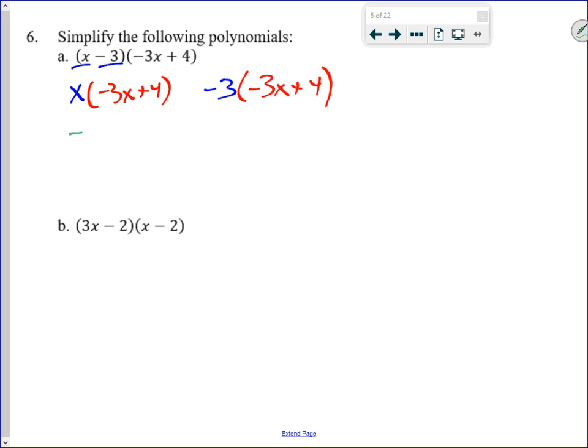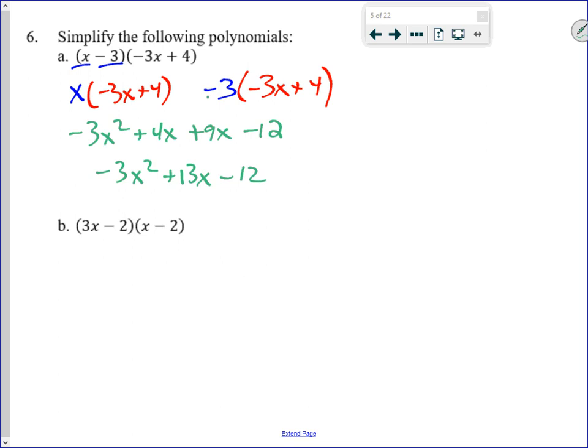So this will be minus 3x squared plus 4x minus 9x minus 12. And then we will combine like terms. Oh, whoops, sorry, there should be plus 9x. And I'll get negative 3x squared plus 13x minus 12.